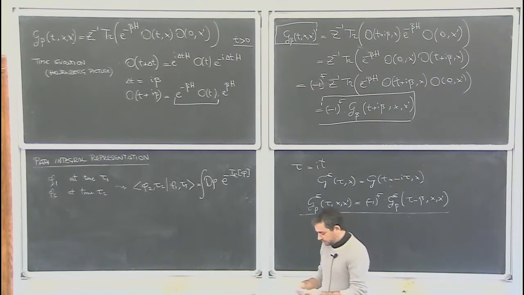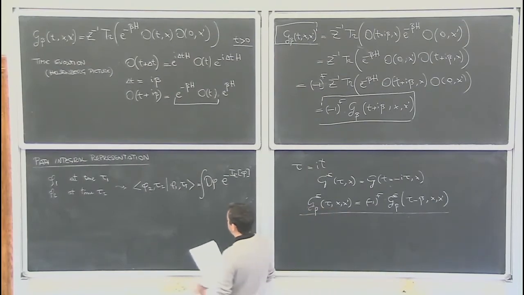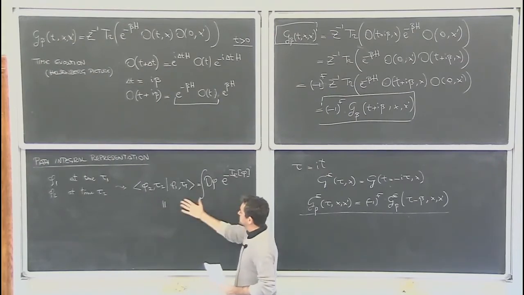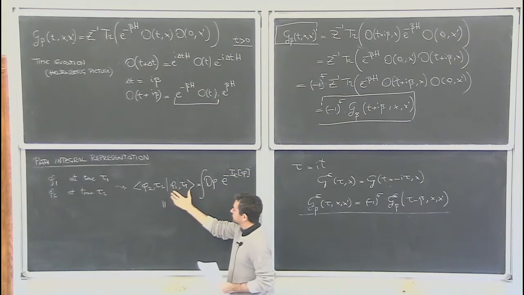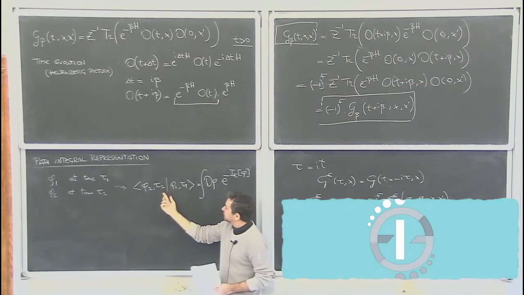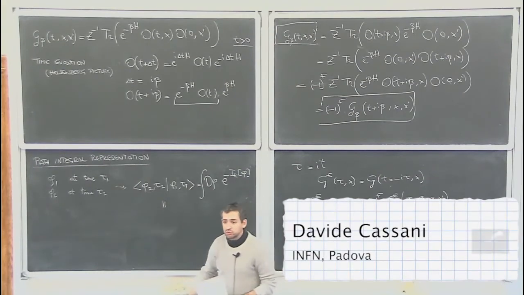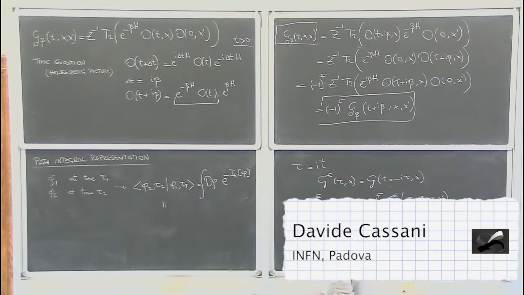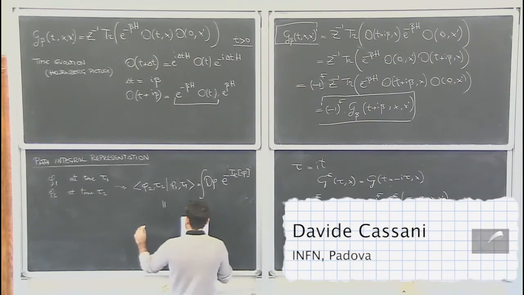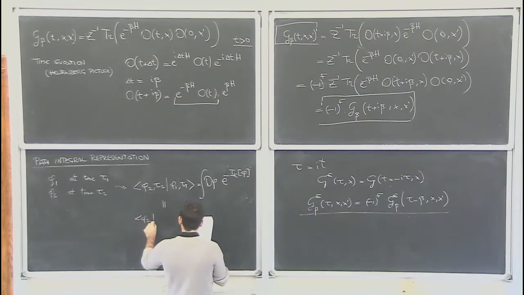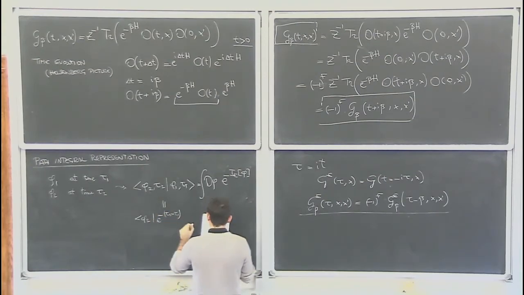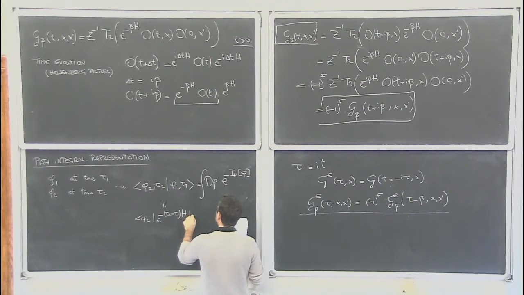This amplitude, however, is also the same, since the meaning of this is that we start from this configuration at time tau 1, and we go to the configuration phi 2 at time tau 2 by the evolution using the Euclidean Hamiltonian. So this is the same as phi 2 e to the minus (tau 2 minus tau 1) H phi 1.